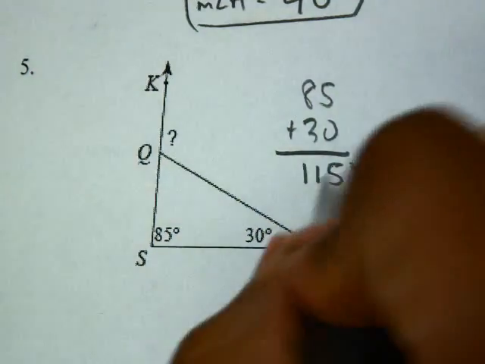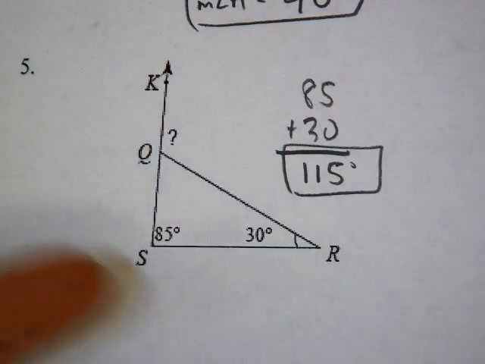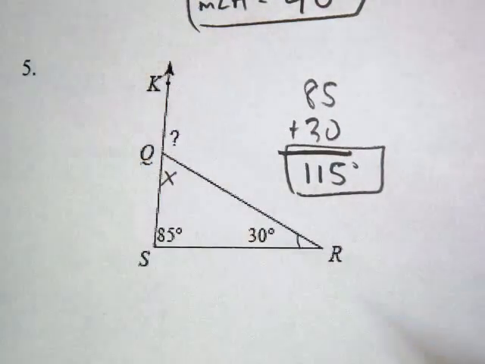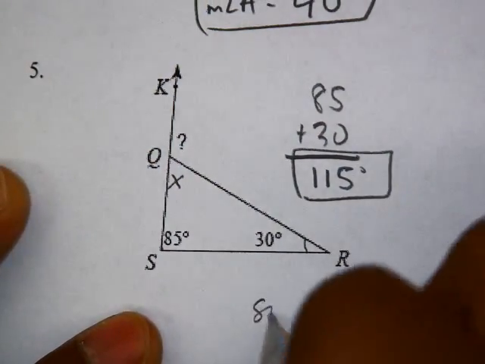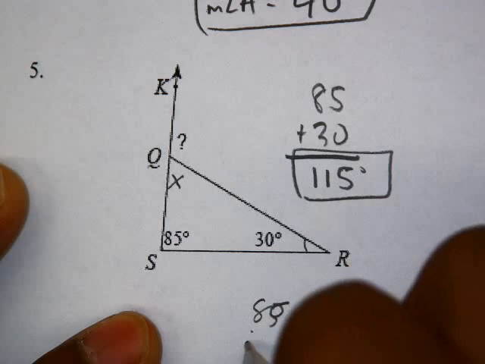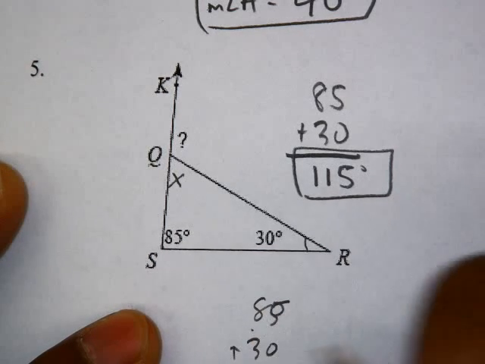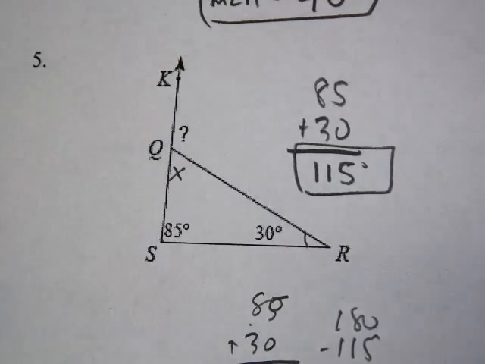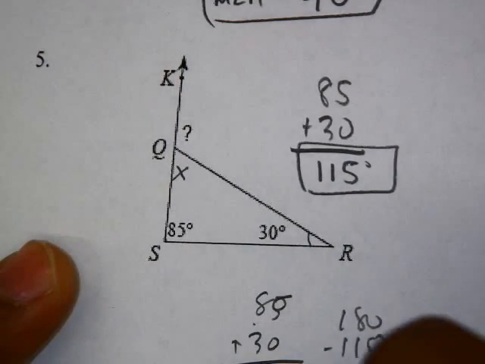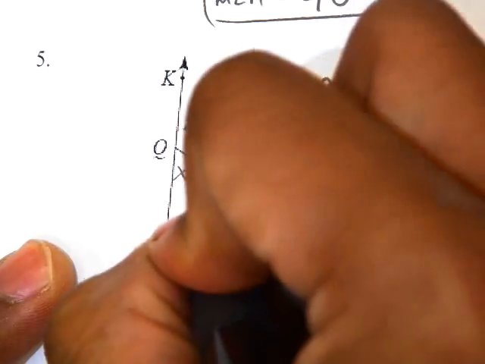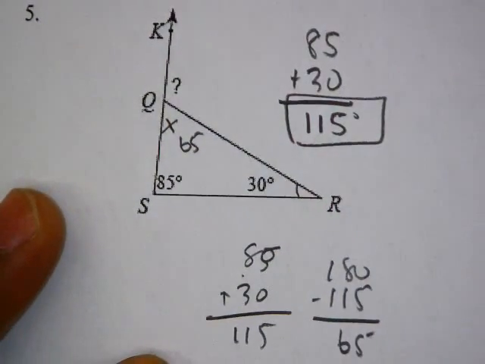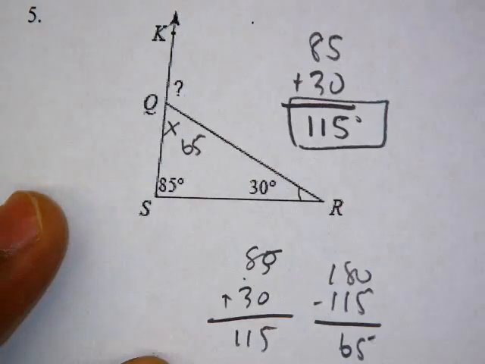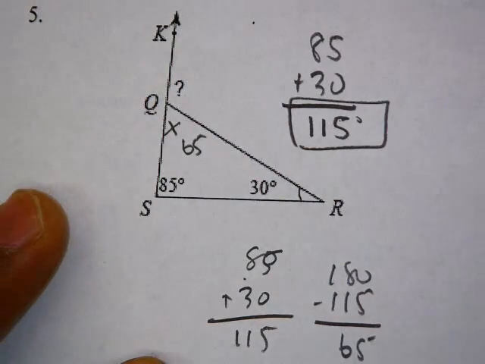Now if you didn't remember that, you would try to solve for this angle. You would do 85 plus 30, and then you subtract it from 180, and that will get you 65. Okay, and then you realize, oh, to get the question mark, these form a linear pair, that's 180 degrees.